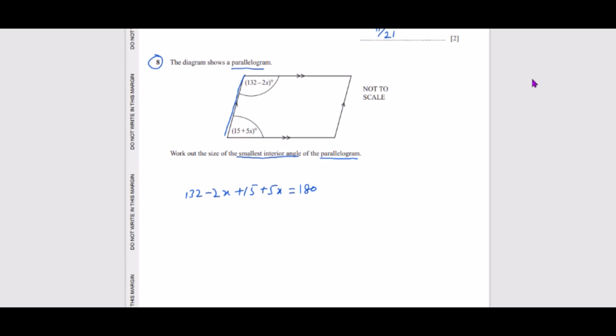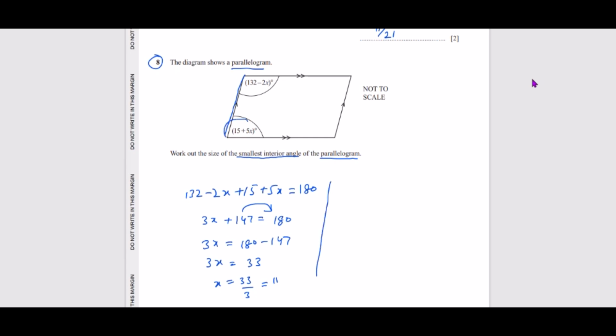So 5x minus 2x is equal to 3x. 132 plus 15 is equal to 147, which is equal to 180. Shift 147 to this side. 3x is equal to 180 minus 147, so 3x is equal to 33. Divide by 3, 33 divided by 3 is equal to 11.